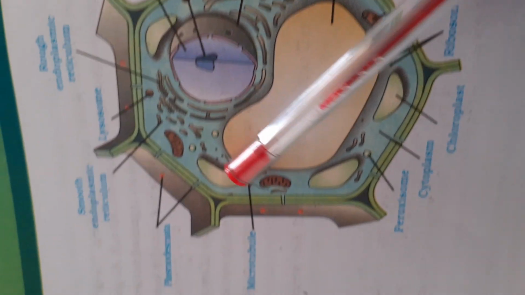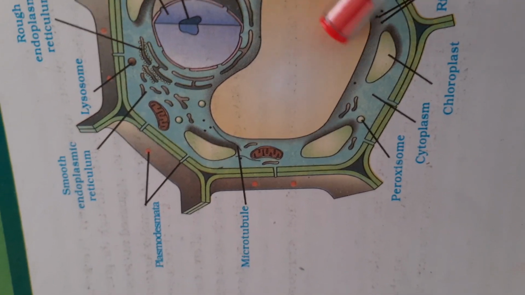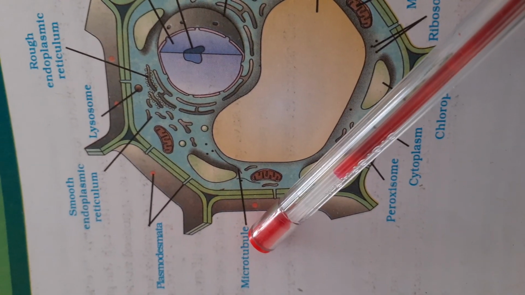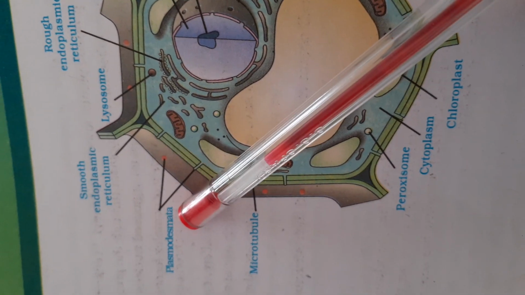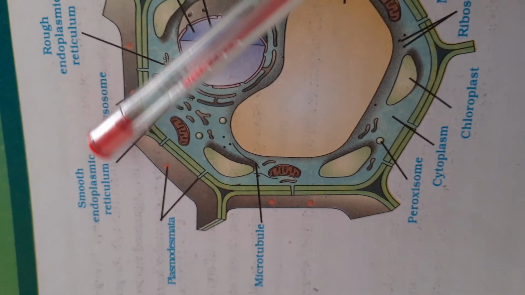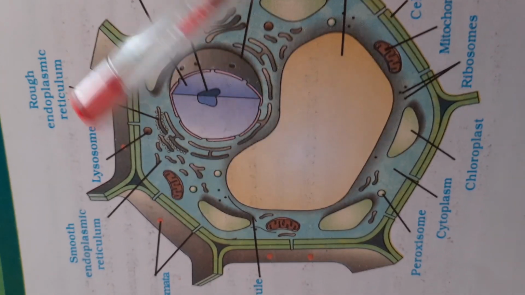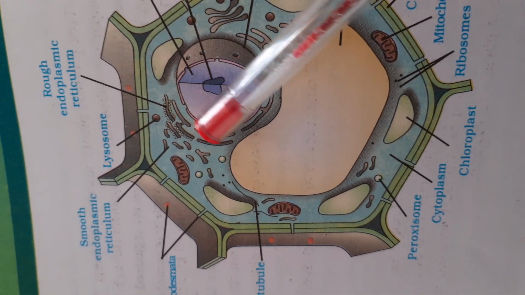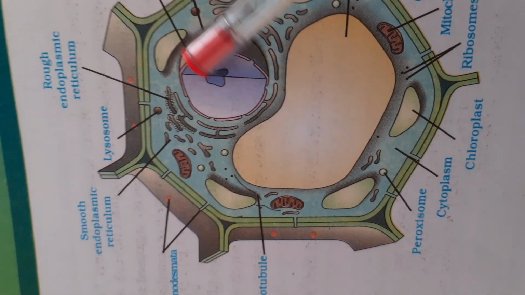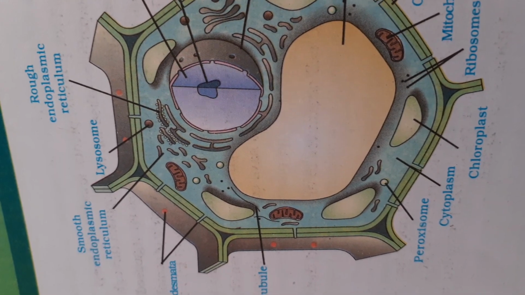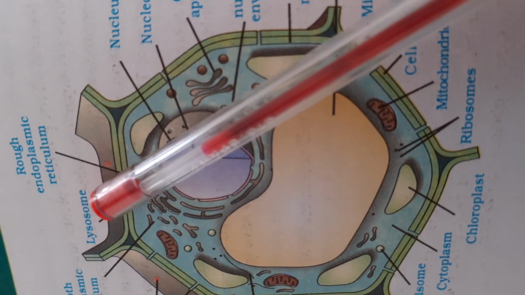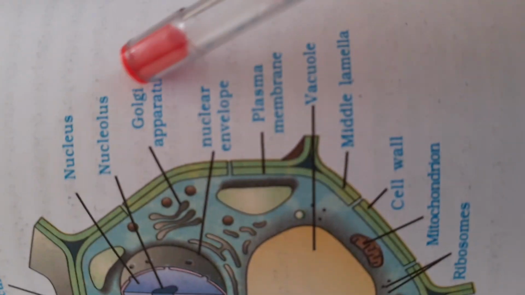Other things which you will see in the plant cell are microtubules, connections called plasmodesmata, smooth endoplasmic reticulum and rough endoplasmic reticulum. Can you see, this is the endoplasmic reticulum which is connected to the nucleus. This big structure is called the nucleus. Ribosomes and lysosomes are present.